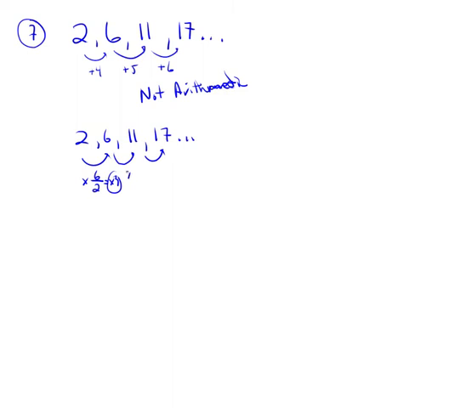And then times 11 over 6. Oh, that didn't work. And this one would be times 17 over 11. Oh, so it's not geometric, and it's not arithmetic, so it has to be neither.